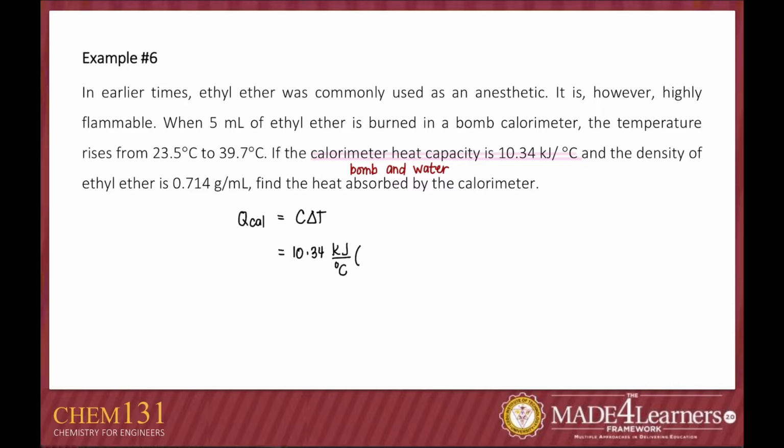So we have here the final temperature, and this is the initial temperature. So final minus initial, so that's 39.7 degrees Celsius minus 23.5 degrees Celsius. And so the heat absorbed by the calorimeter is, I want you to compute with me. I want you to get your calculators and compute.